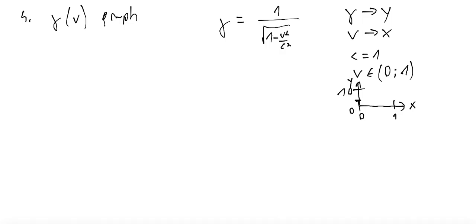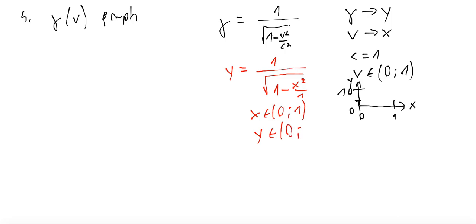Then please stop the video for a moment, make a list or make a graph of how this depends on this. So basically, again, you have to plot a graph y equals 1 over the square root of 1 minus x squared over 1, and you have to limit your x to 0 to 1 and plot the graph in the range of 0 to 10 in the case of y.